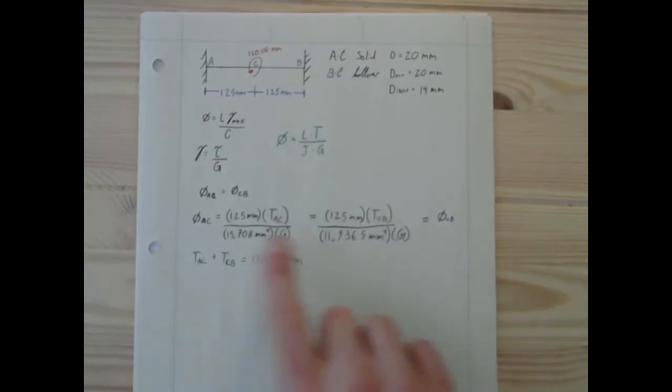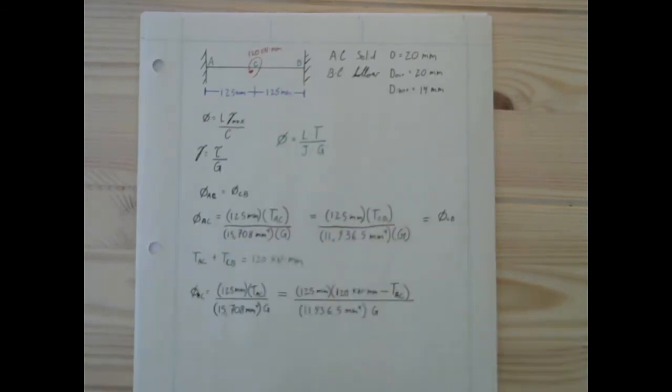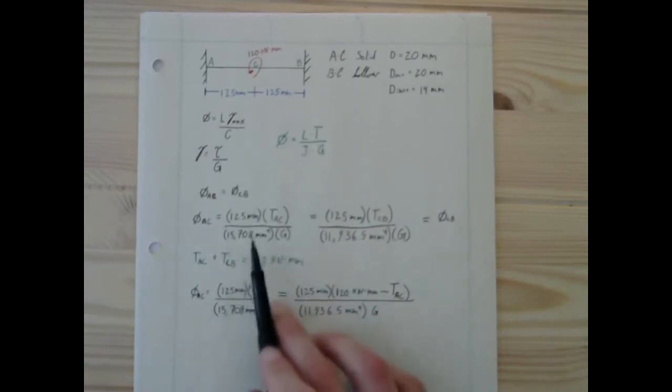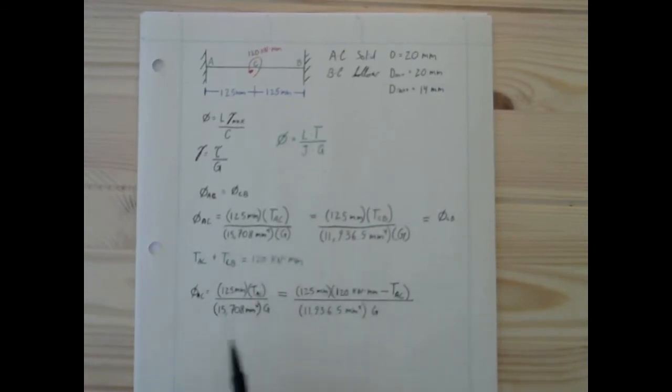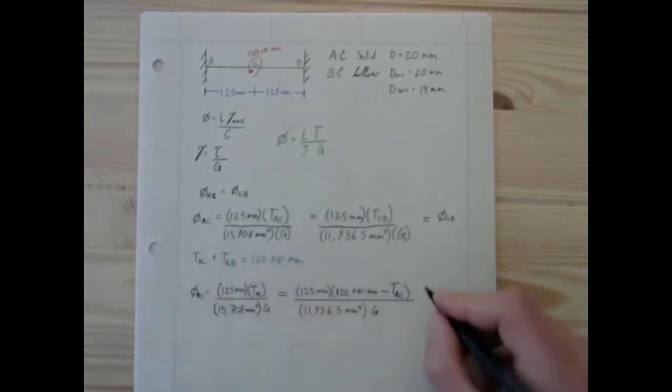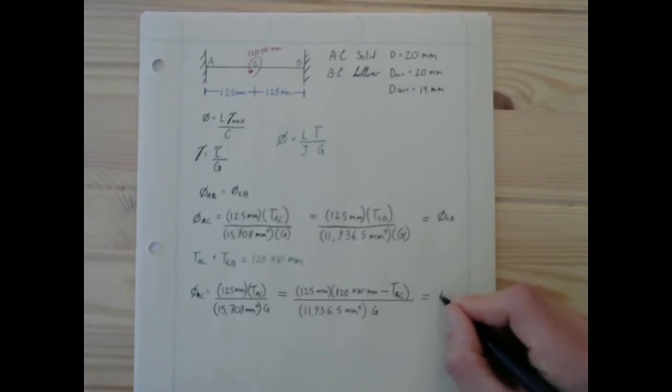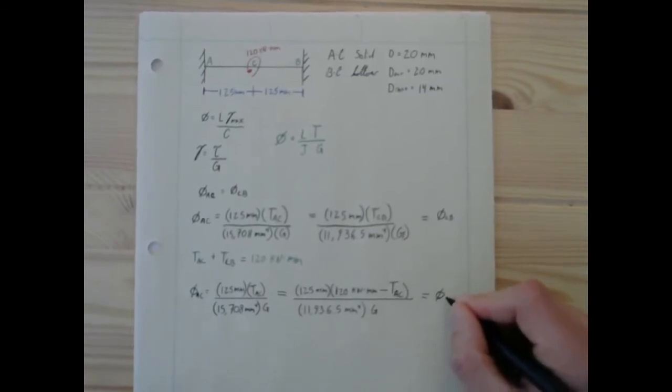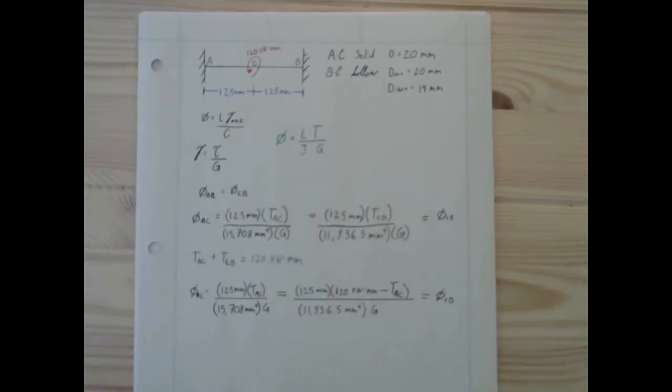So rearranging these, combining these two equations, we obtain this. And then working our way through it, simplifying this all out. And that one equals from the rotation from C to B.